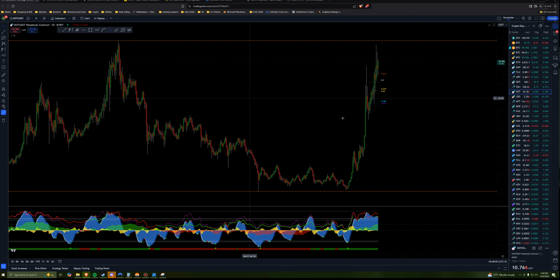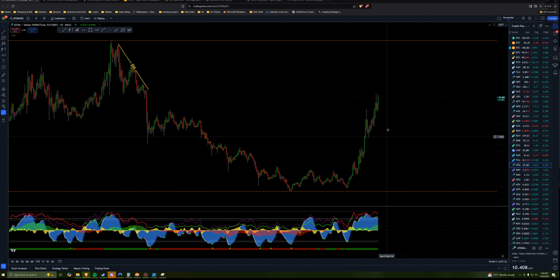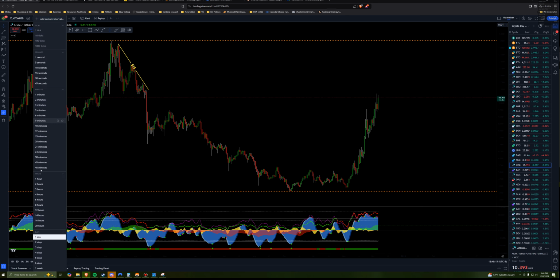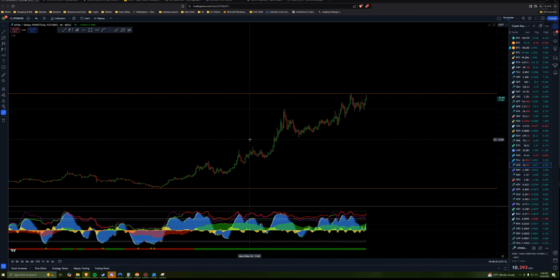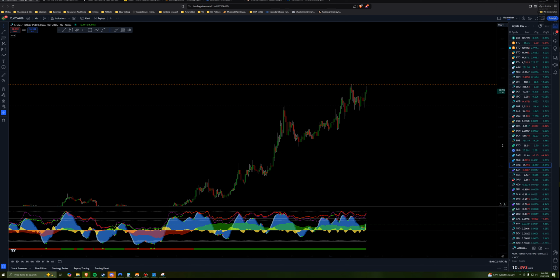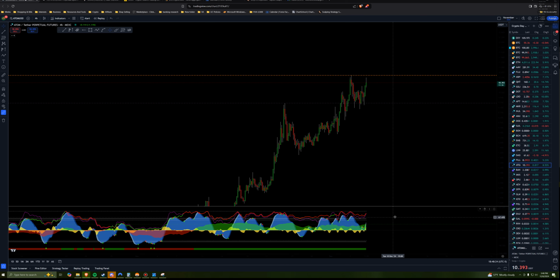Polkadot. Wait, let me go back. Where was Adam? Adam has the daily divergence, but the money flow is still so thick. I saw it trying to print daily divergence on Polkadot as well. 4-hour money flow is still coming up.